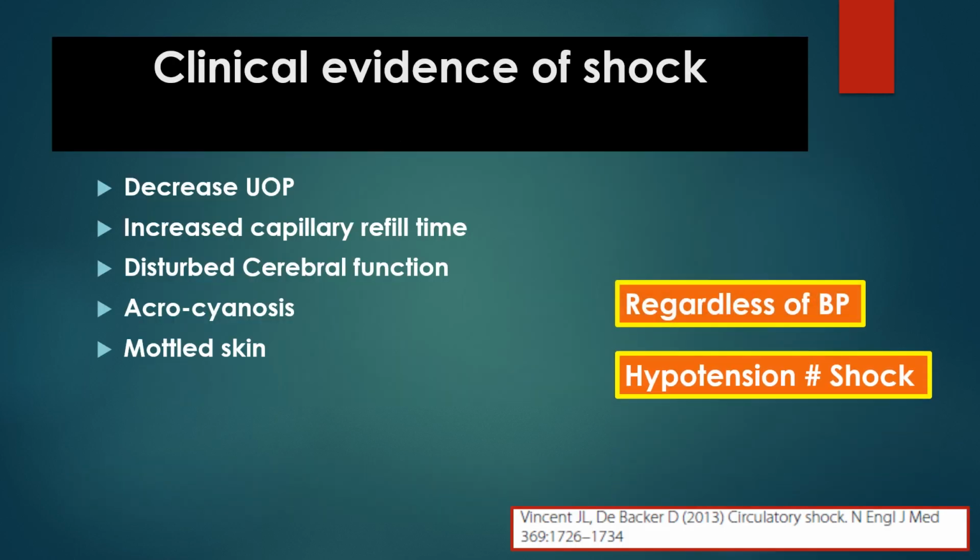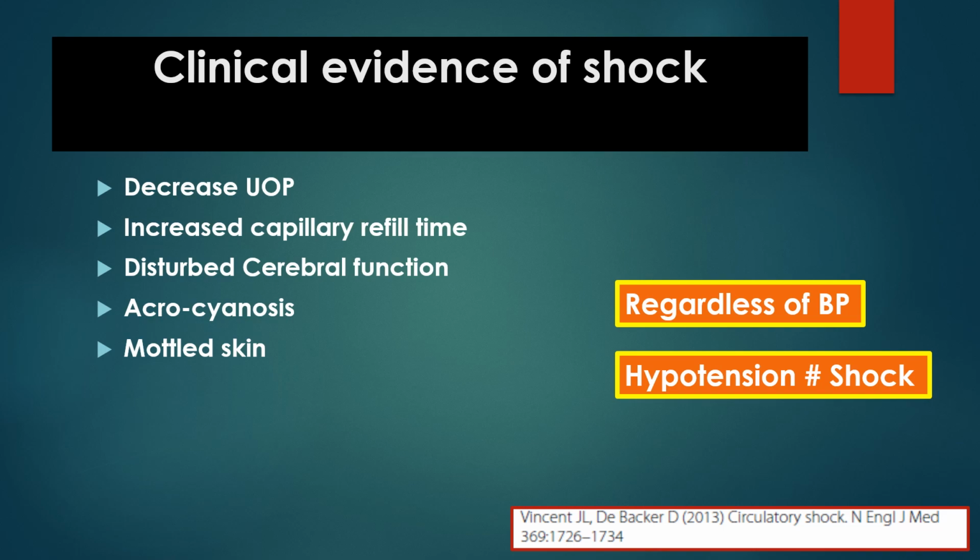To diagnose shock clinically, you need to have evidence that the tissues are hypoperfused. The common organs to be affected and manifested are in this sequence. Maybe the most commonly seen is decreased urine output and increased capillary refill time of more than 3 seconds, which is a sign of hypoperfusion.